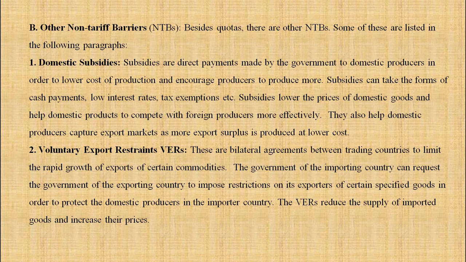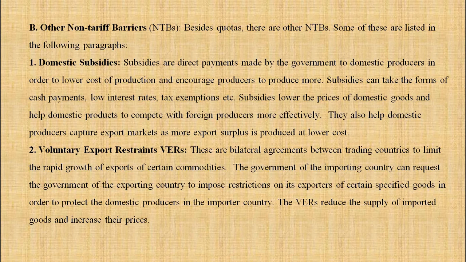Next, voluntary export restraints, VERs. These are bilateral agreements between trading countries to limit the rapid growth of export of certain commodities. The government of the importing country can request the government of the exporting country to impose restrictions on its exporters on certain specified goods in order to protect the domestic producers in the importing country.